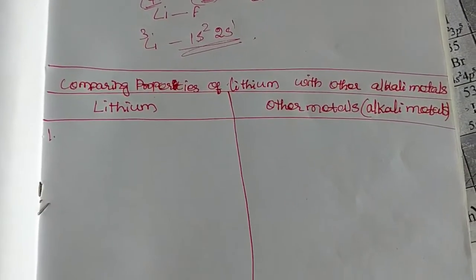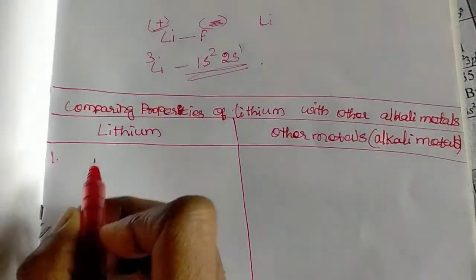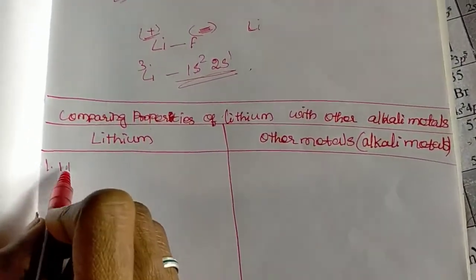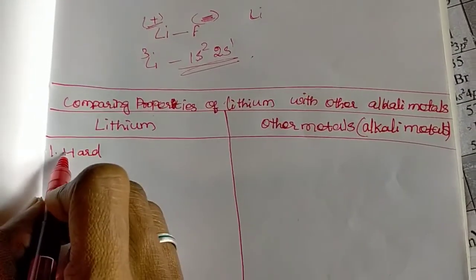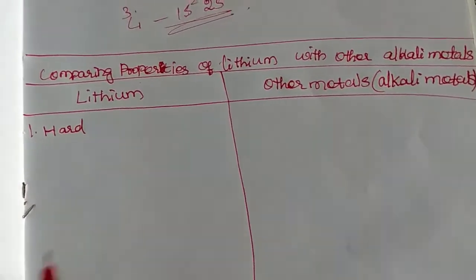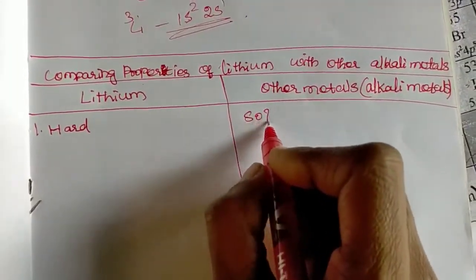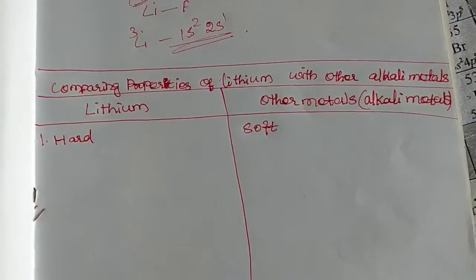So the first property, the comparison between lithium and other metals. Lithium is a hard metal. Other elements are soft metals.